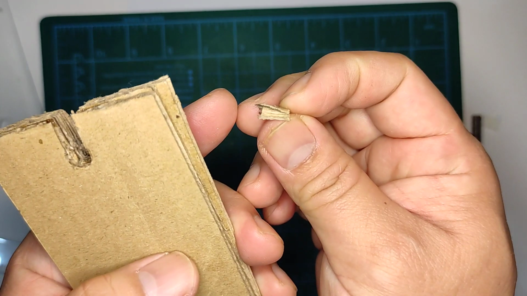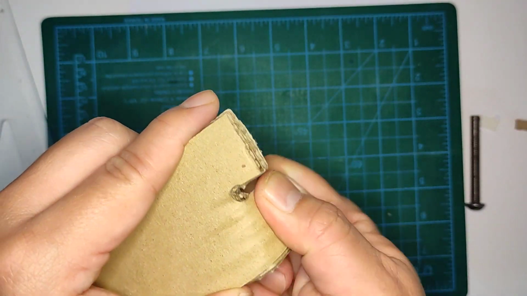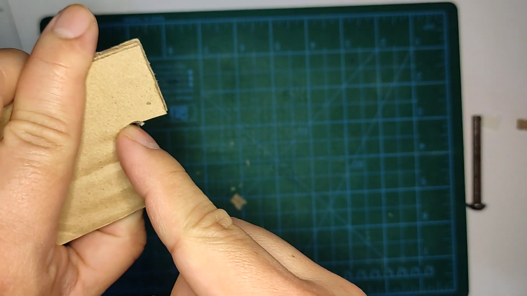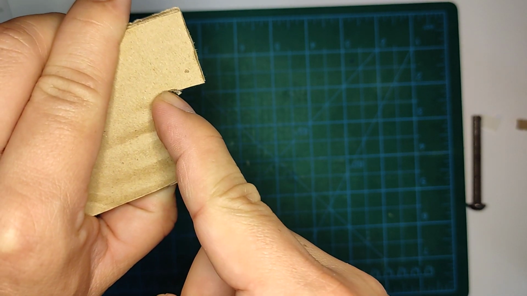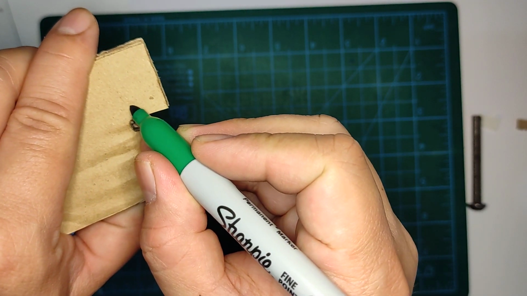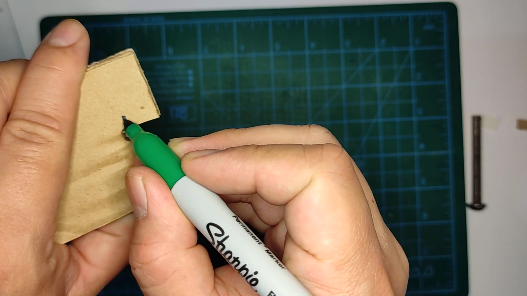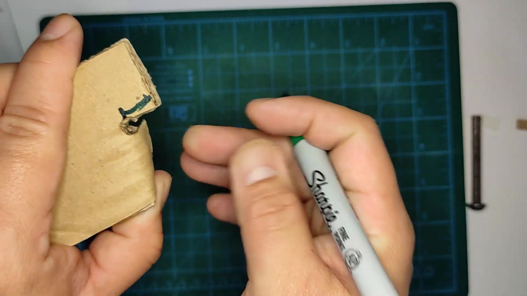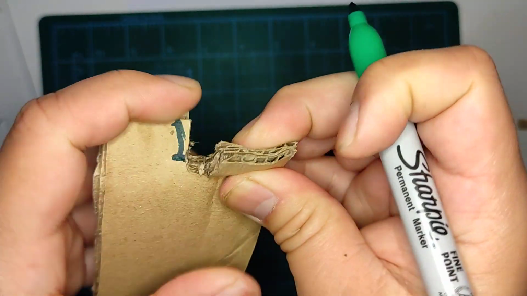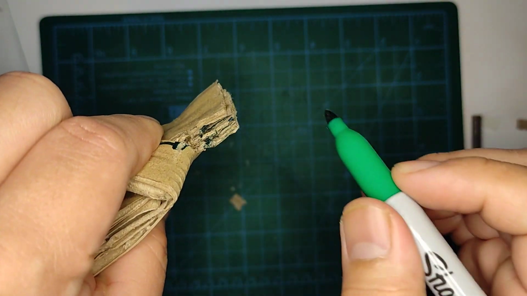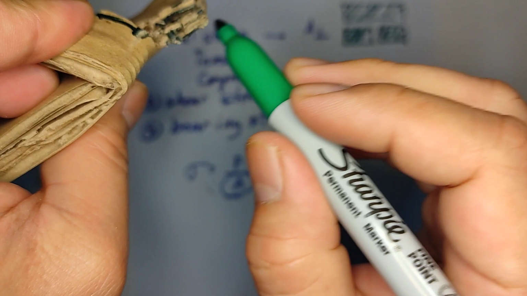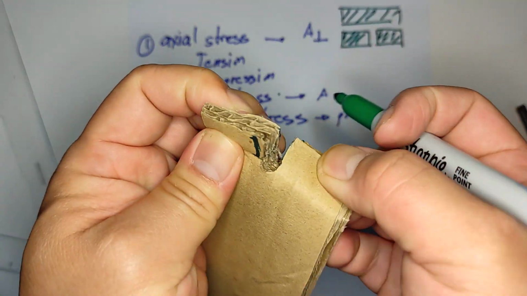It should be like this. But I will just show here. So the area is here, this one, until here at the middle of the diameter. So that is the length until here. And of course this one and the other one is here. So that is the sheared area. I hope you understand. Again, that is the sheared area, this one and this.